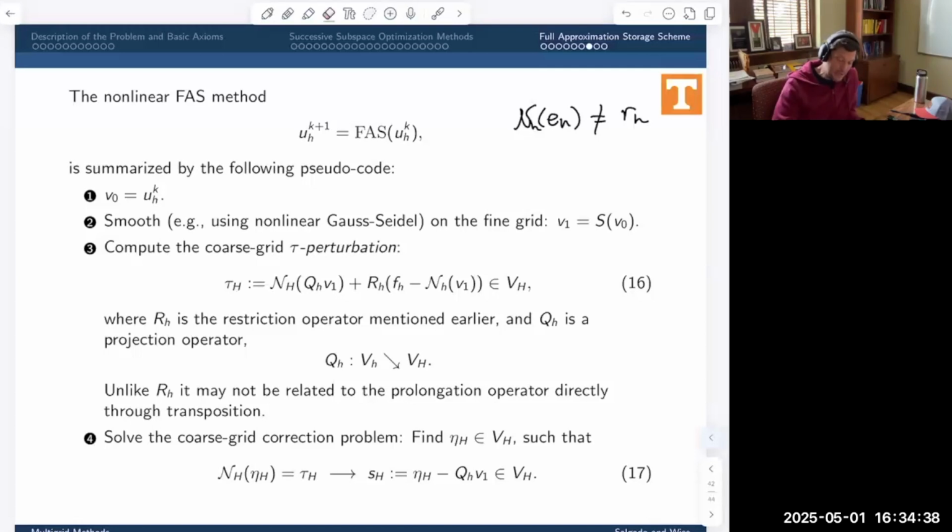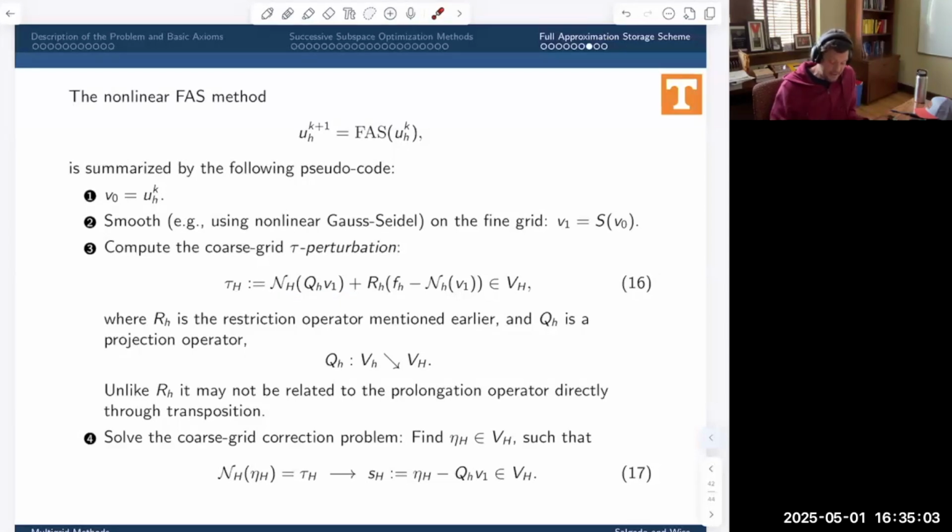Right, so what do you do in that case? Well, I can still calculate the residual. That's that piece. I can still take the restriction and push that down to the coarse grid, but that doesn't get me enough. I don't have an error residual equation. So I have to calculate this thing called the tau perturbation, and it has one more piece that is not present in the linear multigrid setting.